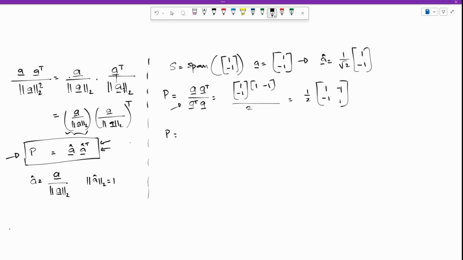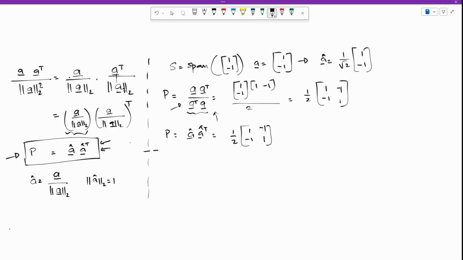But since A cap is normalized, the denominator will simply be 1. So if you do A cap times A cap transpose, you'll still get the same thing. Well, obviously, because A cap was derived from this expression.